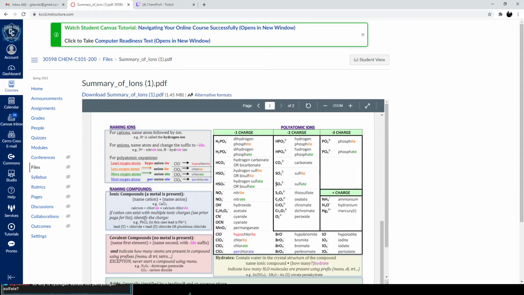Why is hydrogen sulfate not per hydrogen sulfate? Well, the difference between sulfate and hydrogen sulfate is you've just put a hydrogen in front of it. There's no other difference there. So just putting hydrogen sulfate is enough. There's no need to have extra stuff.